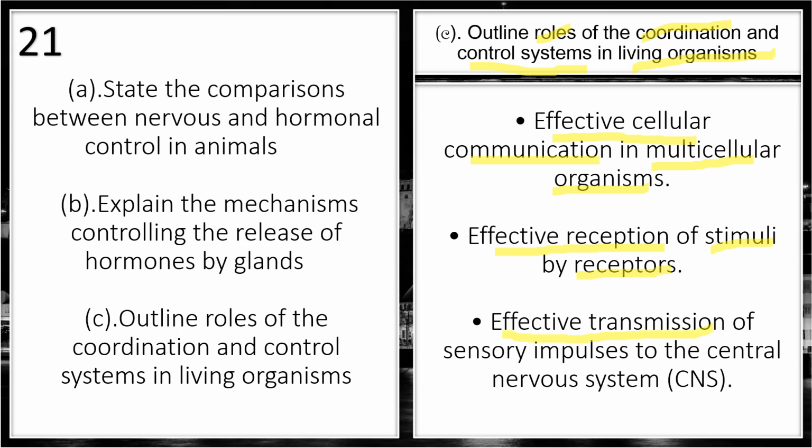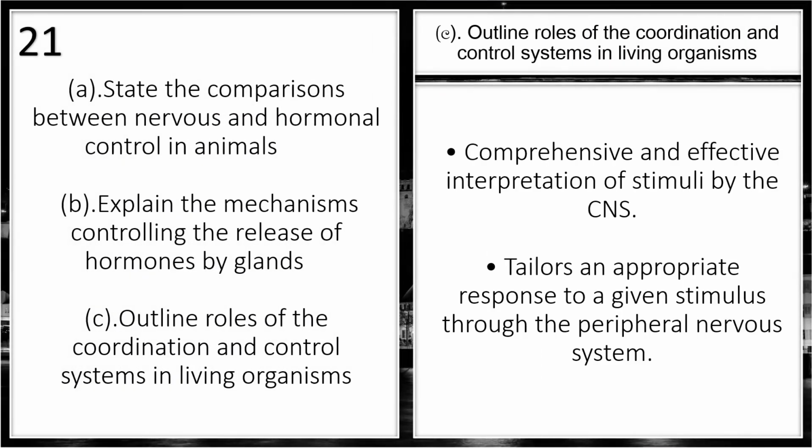Effective transmission of sensory impulses to the central nervous system. 4. Comprehensive and effective interpretation of stimulus by the central nervous system. 5. Tailor an appropriate response to a given stimulus through the peripheral nervous system.